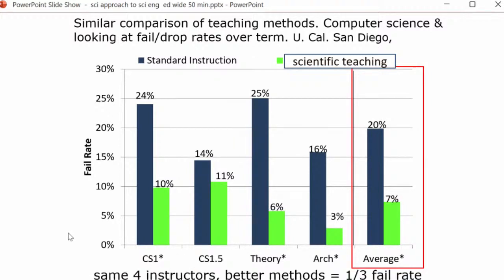So this is an example where you have the same teachers, but they simply changed their methods, with the result being that the failure rate is now about a third of what it used to be. And so many more students are now able to successfully pursue a career in computer science simply because the quality of teaching is better.